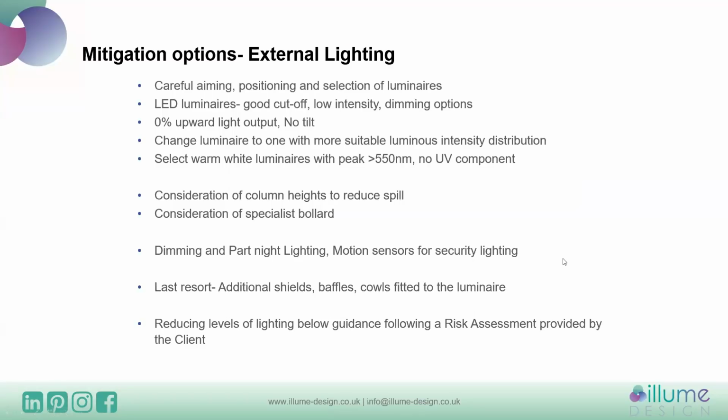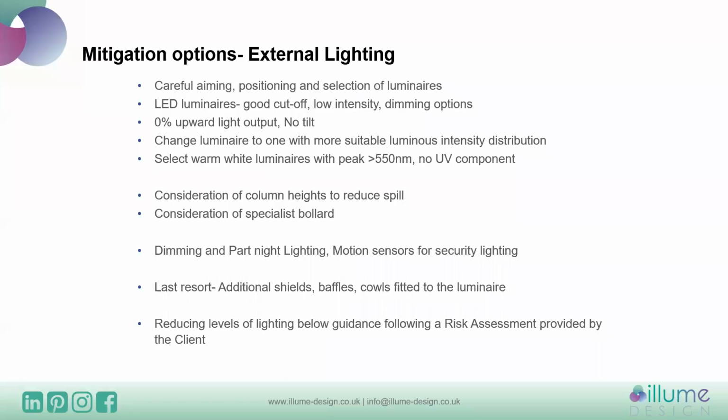So I'm not going to run through all of these. This is basically what we've just talked about. It's just a recap of mitigation measures for external lighting. So the main things are LED, no upward light, so downward directional luminaires, using a warm white color temperature that has a peak of less than 550 nanometers, and no UV.